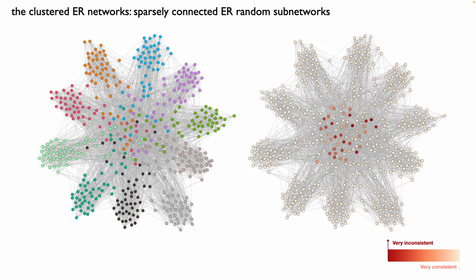As an appropriate example, we generated clustered Erdős-Rényi random networks, where we loosely connected pre-assigned communities composed of dense random networks and intentionally put in a number of inconsistent nodes. The pre-assigned community structure is colored accordingly on the left side, and the shade on the right side corresponds to the COI value.